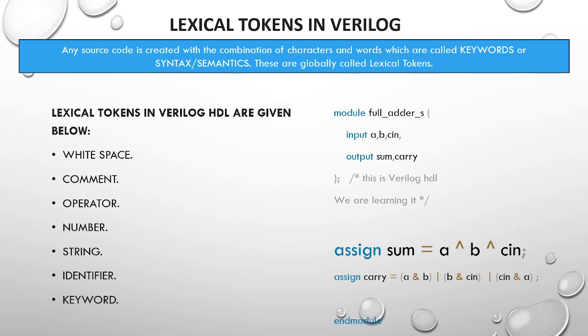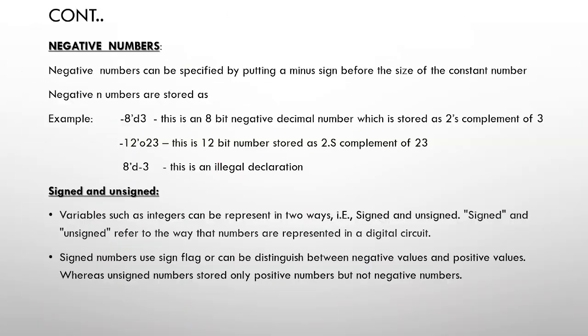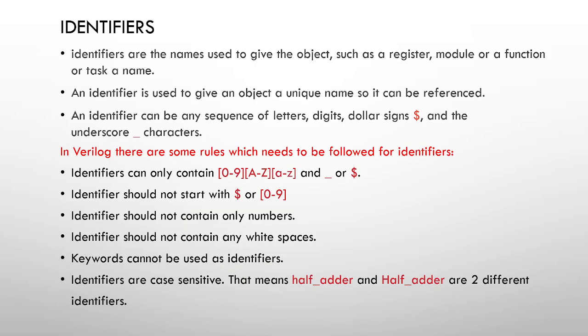In the same way you could use the dollar symbol in the middle, but you shouldn't use it at the start. Also, the identifier shouldn't contain only numbers. You shouldn't give just numbers like 1 2 3 4 5 6 7. It should contain characters as well as numbers.